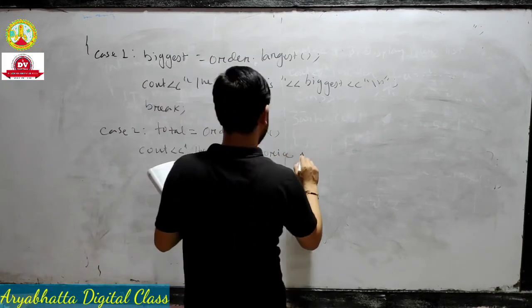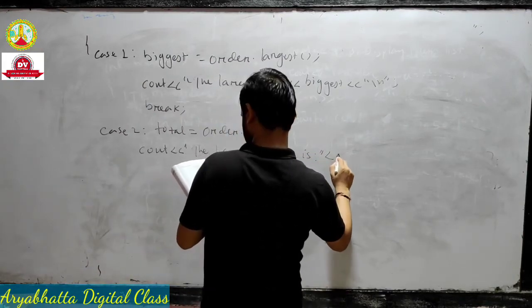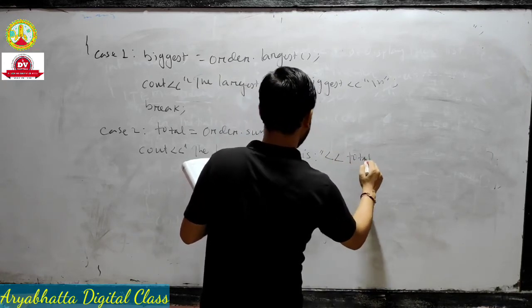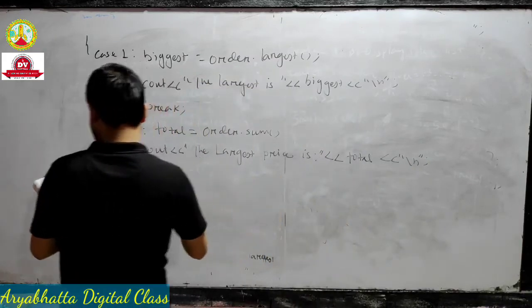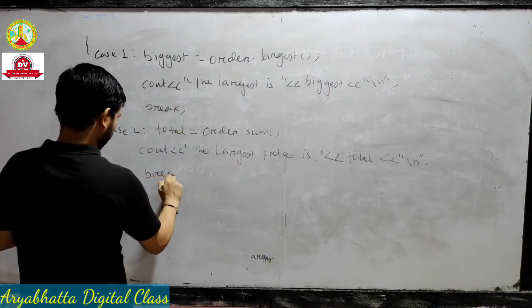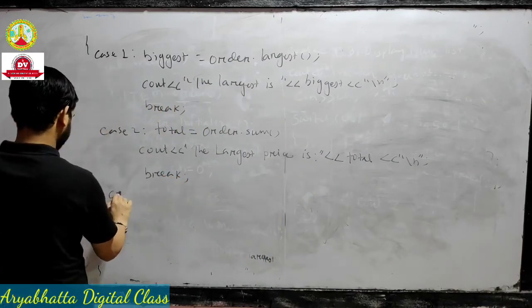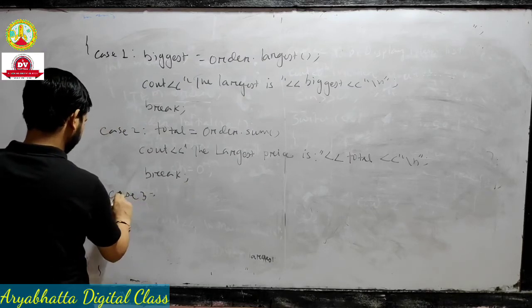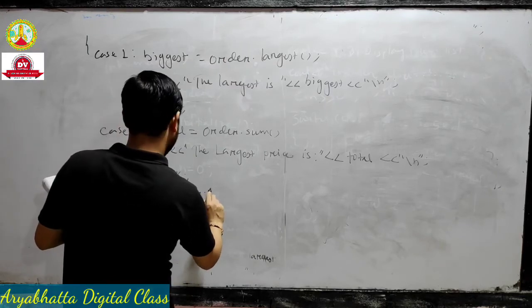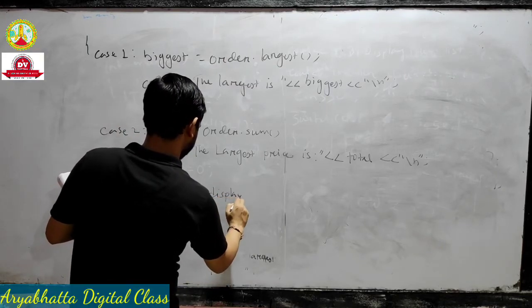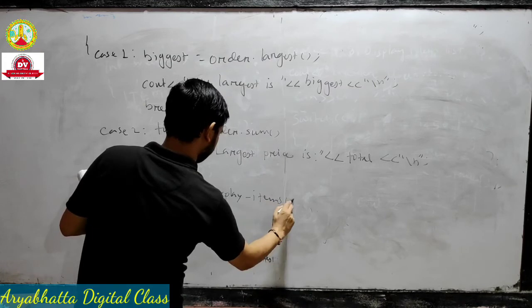The largest price is, total. Case 3, order dot display items.